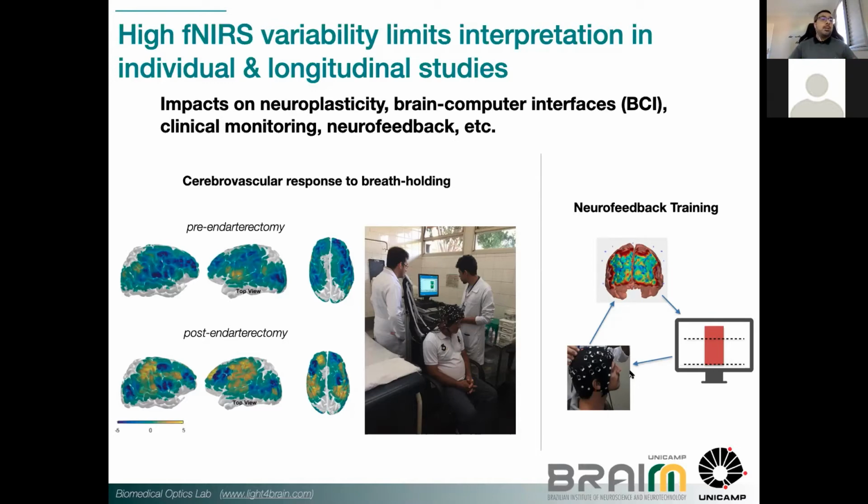So these are just a few examples that illustrate exactly why we should care about variability. Otherwise, we'll just get stuck with group averages forever. And I feel like there's more we want to be able to do with neuroscience, right?